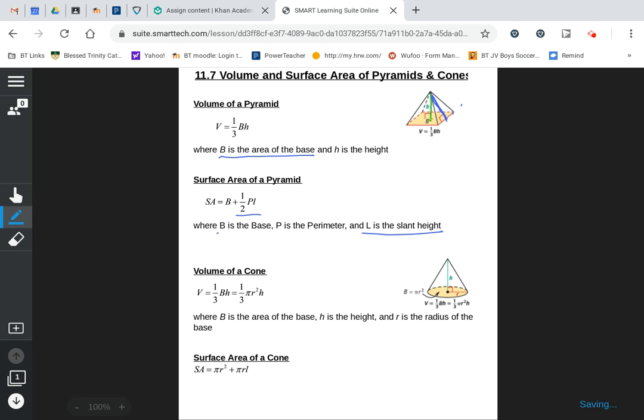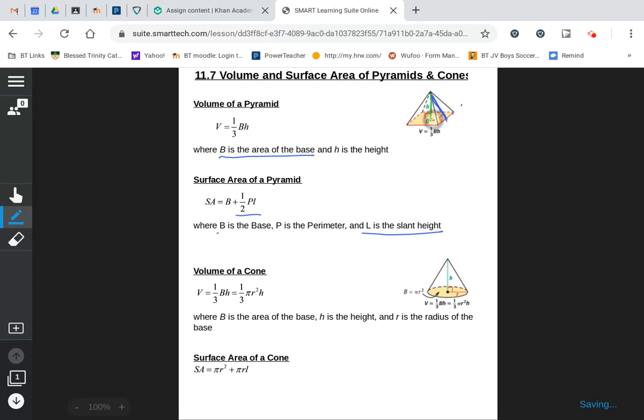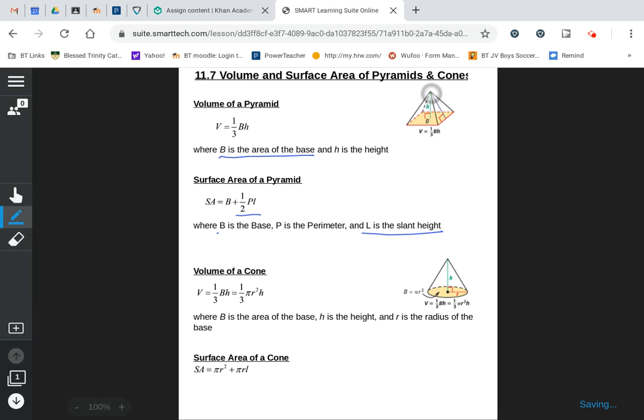B is the area of the base, P is the perimeter of the base, and L is the slant height. And what you'll notice here is that if you connect the slant height with the regular height, it creates a right triangle.